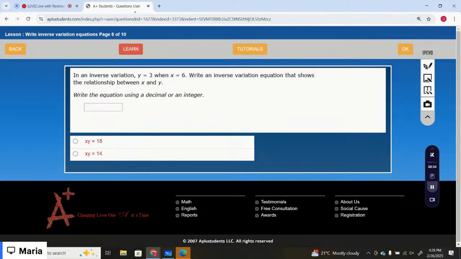The correct option is xy equals 18. Option number 1 is the correct option.